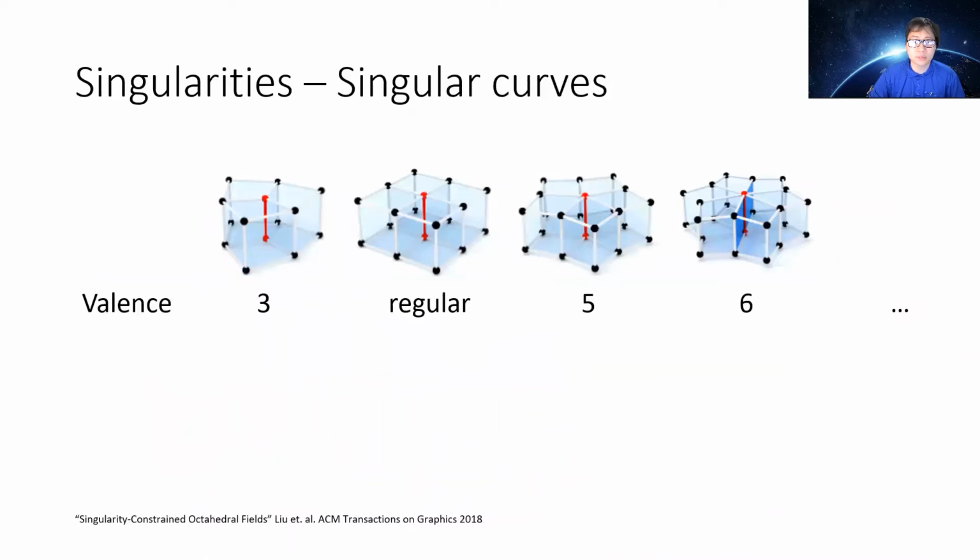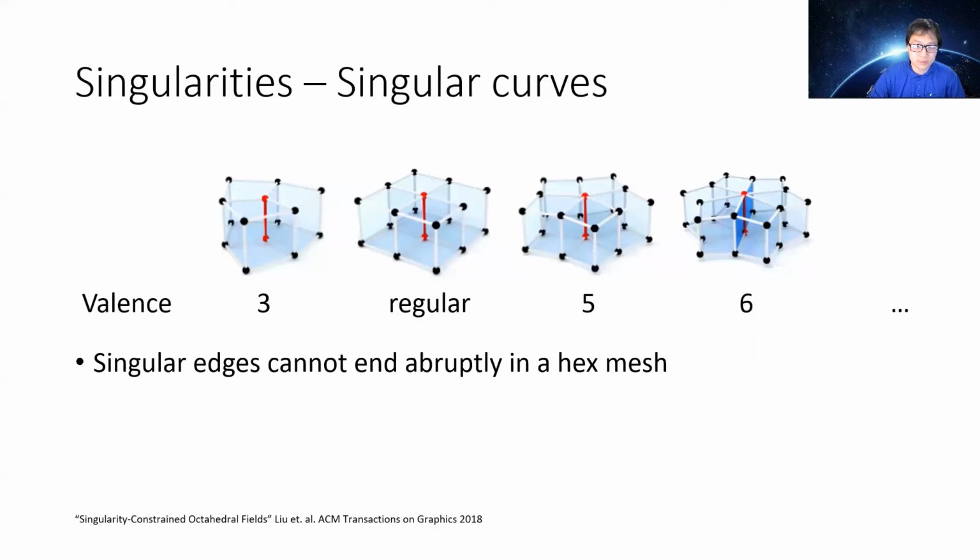In a perfectly structured hex mesh, all edges are adjacent to exactly 4 hexes and are called regular edges. More generally, unstructured hex mesh edges can be adjacent to 3, 5, or more hexes, which makes those edges singular. An important fact about singular edges is that they cannot abruptly end within a hex mesh, meaning if you have one singular edge, it must continue inside the volume, forming a singular curve.